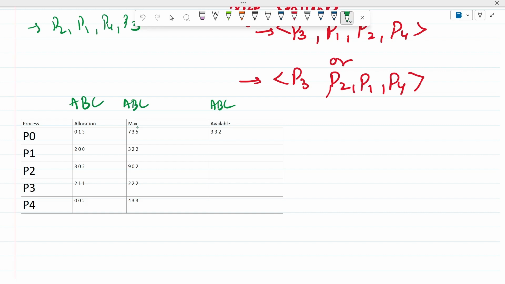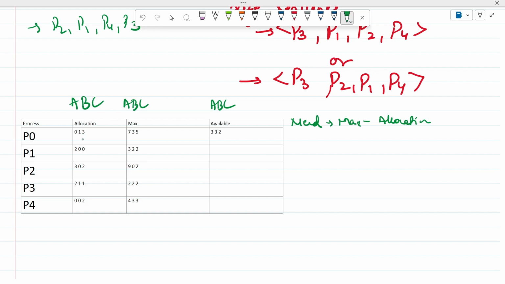Now let's solve this question. Pause the video and try to solve this question by yourself. If you are able to do that, then it's well and good. If not, then follow the steps. First of all, we have to find need. What is the need? Need is maximum minus allocation. Maximum A needed is 7 for P0.